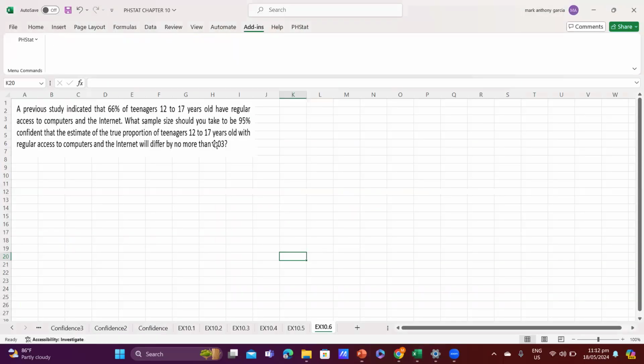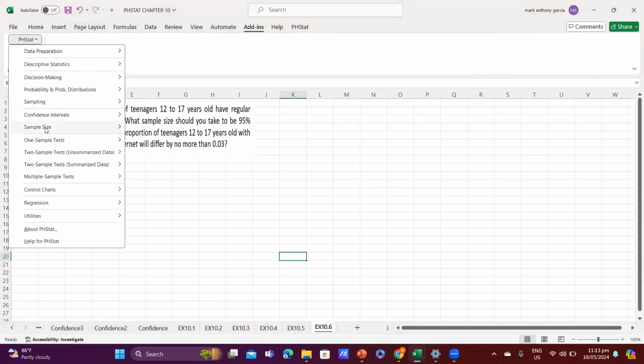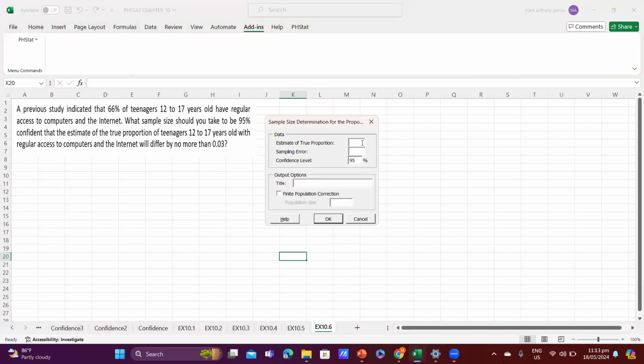Now, in the PHStat, we can also solve for this sample size of 958. So we just go to the sample size option, but this time we click the determination for the proportion. So the estimate of true proportion is 0.66. That's your p hat.